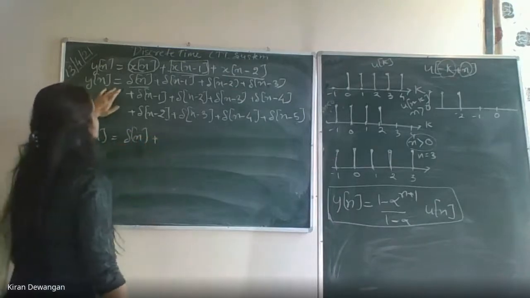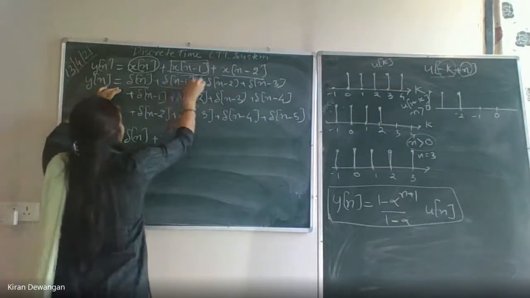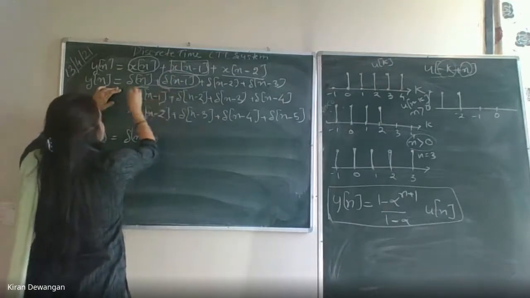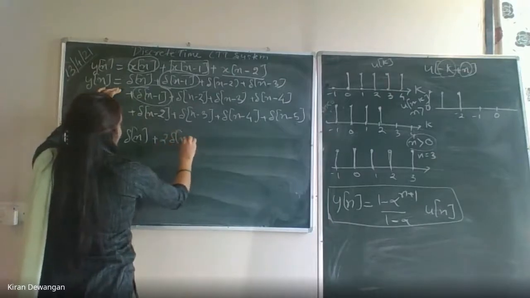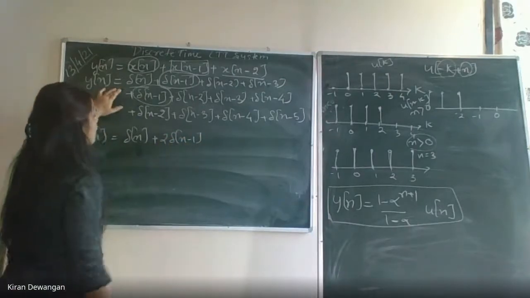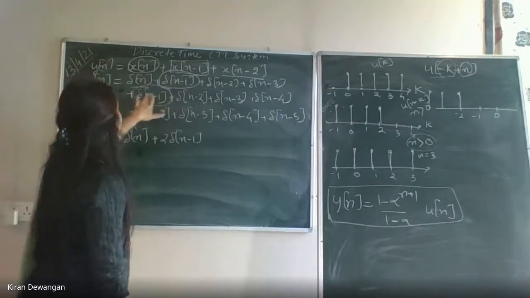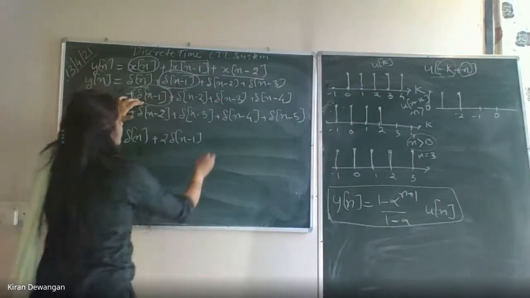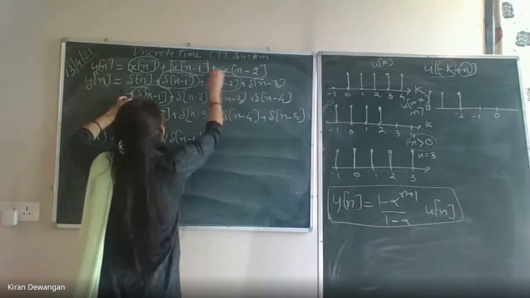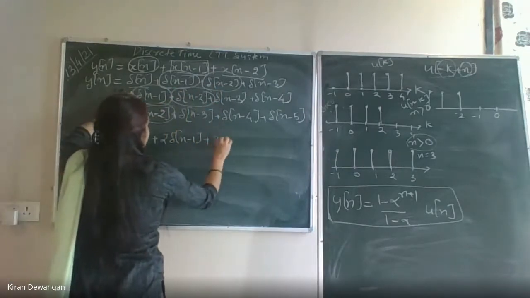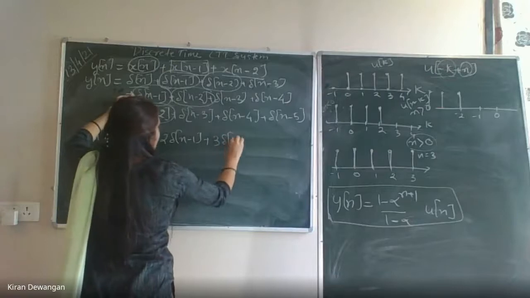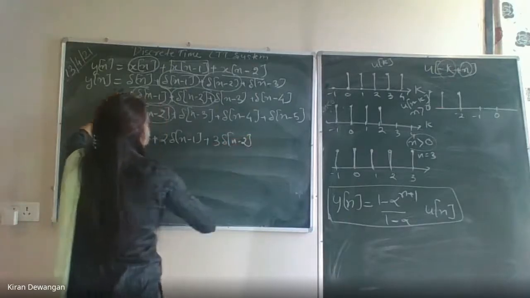Plus, let us see del of n minus 1. This one once and twice. 2 del of n minus 1. ठीक है? 2 del of n minus 1. Then del of n minus 2 is taken twice. 3 times del of n minus 2.